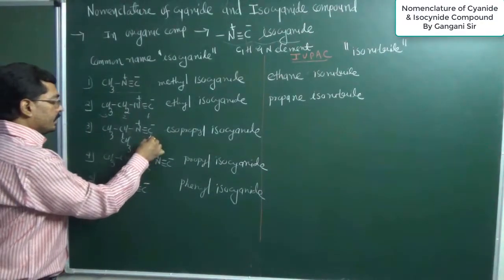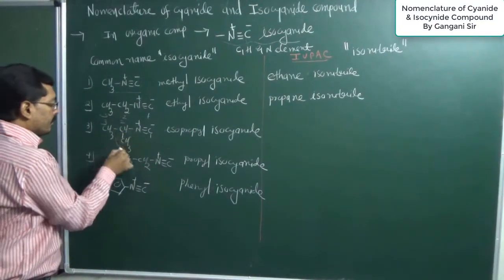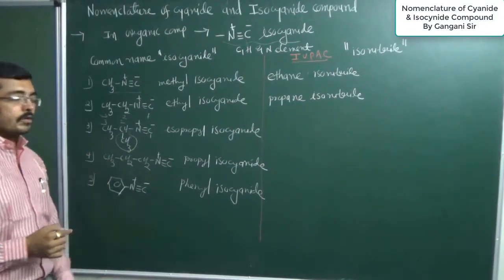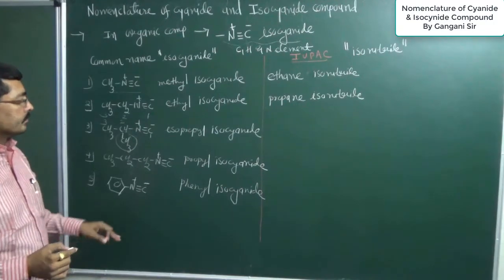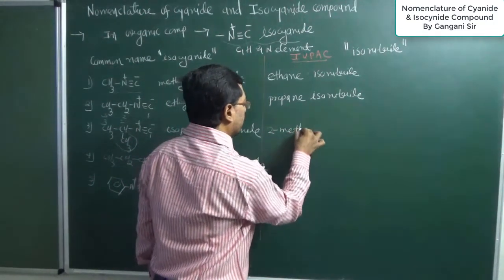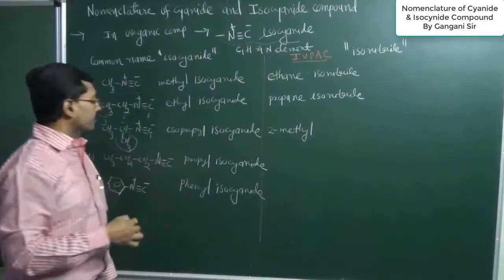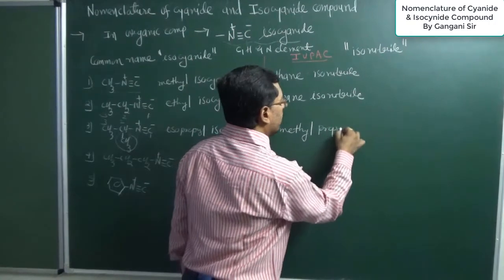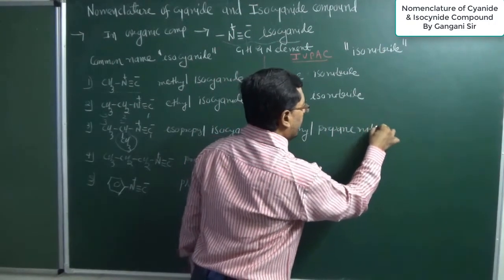Now for this structure, a methyl group is present on second carbon atom. So we can give name of this compound 2-methyl, and long chain having 3 carbon atoms, so it is propane nitrile.